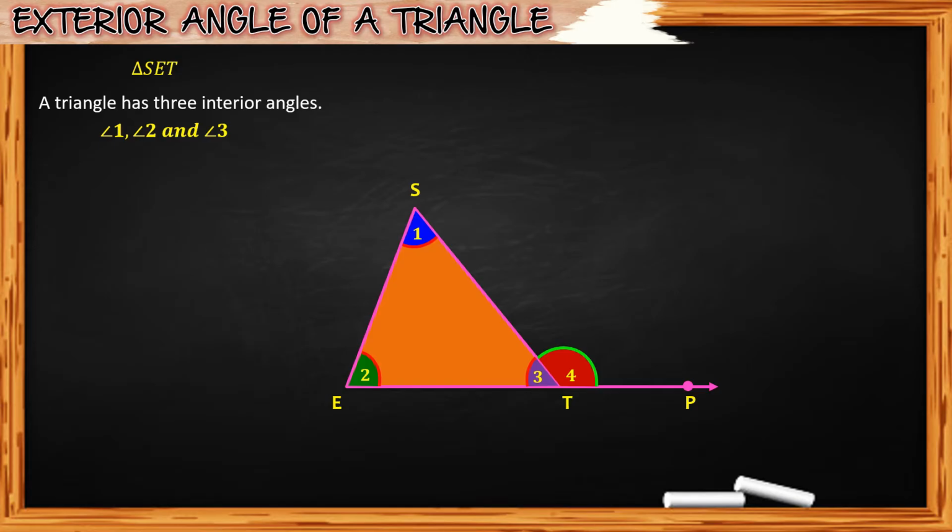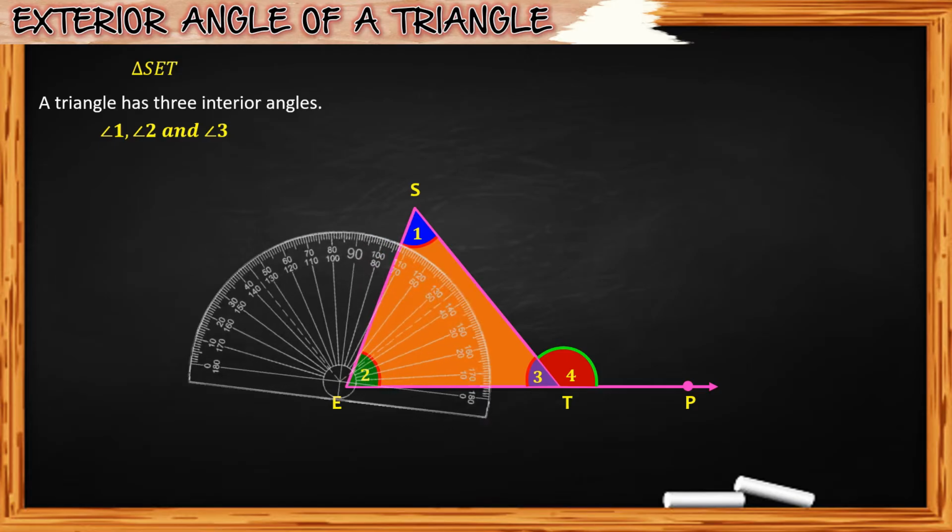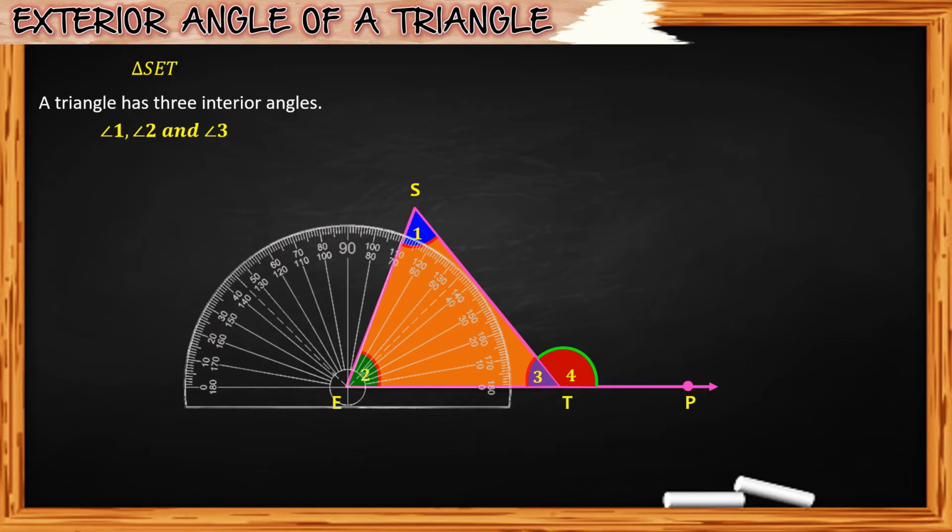If we are going to measure angle 2 using a protractor, we align the side on 0 and place the center on the vertex, which is point E. Take note, the starting point is 0 on the inner part of the protractor.